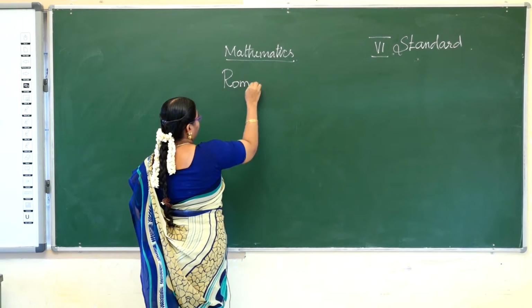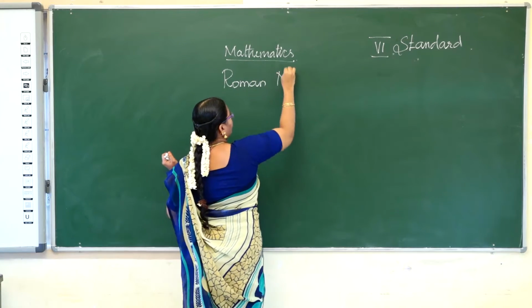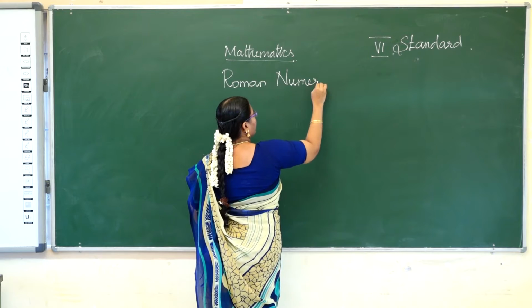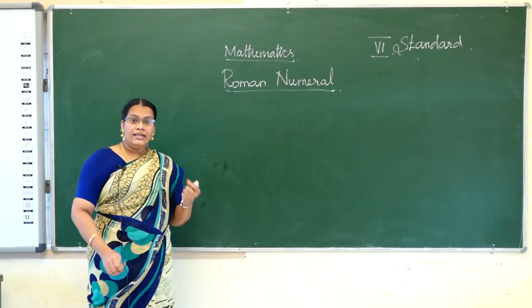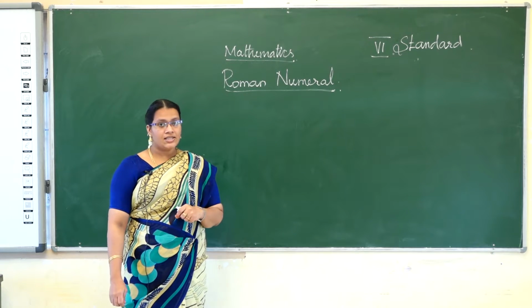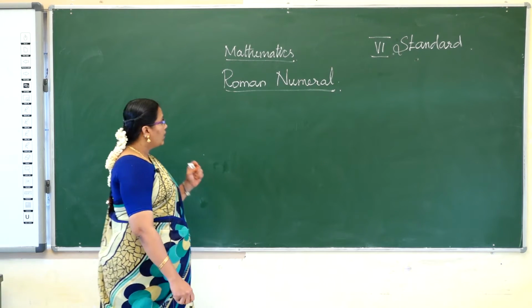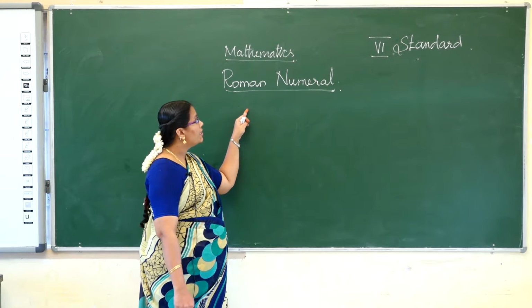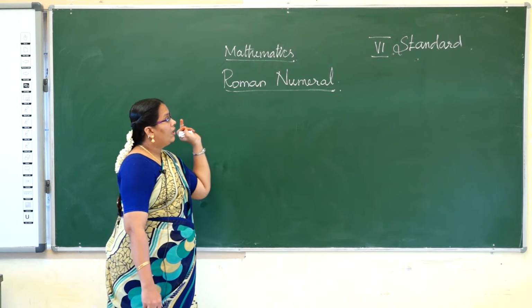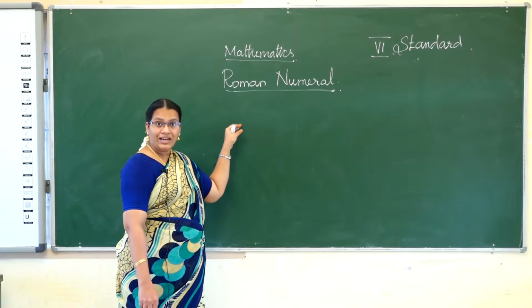Today we are going to learn about the Roman numerals. We already learned the Indian system of numerals and the international system of numerals. Now see the Roman numerals. It is one of the oldest numeral systems. It was developed by the Romans.